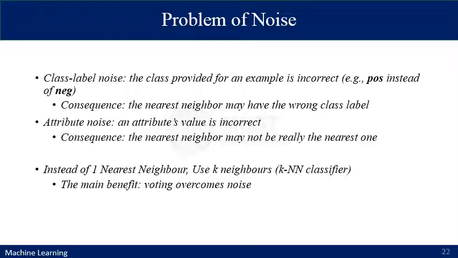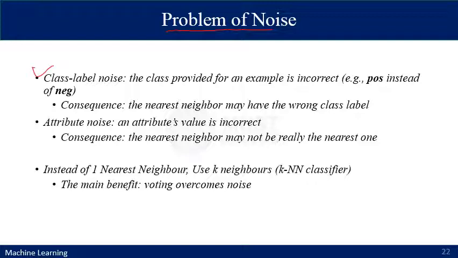At this point, you should ask whether the nearest neighbor algorithm can fall into a trap: if the current example to be predicted is close to a wrongly classified example, then the algorithm may wrongly classify it. Therefore, the algorithm has the problem of noise, and there are two types of noise.